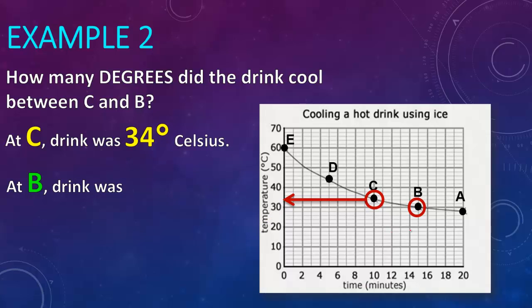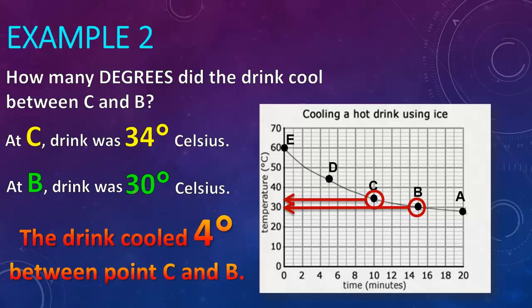Then you go to B, look over to where it is, and it's about 30 degrees Celsius. So how many degrees did the drink cool by? All you have to do is subtract these two. 34 minus 30 is 4 degrees. So the drink cooled 4 degrees between point C and point B.